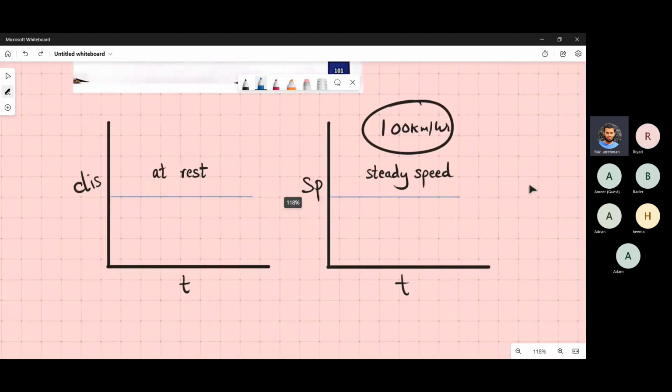A horizontal line on a speed time graph has a different meaning, and a horizontal line on a distance time graph has a different meaning. So please take care in the fill in the blanks. Yeah, there's the same question in the questions.